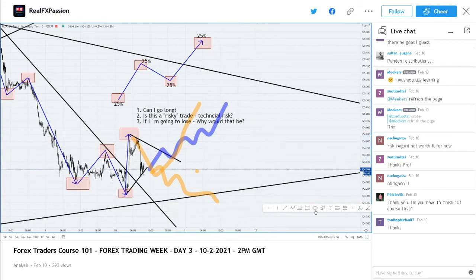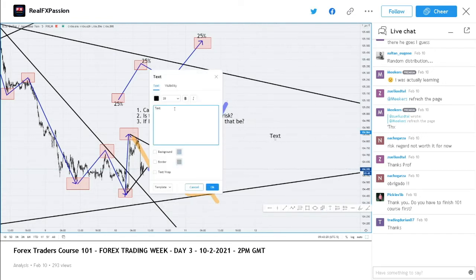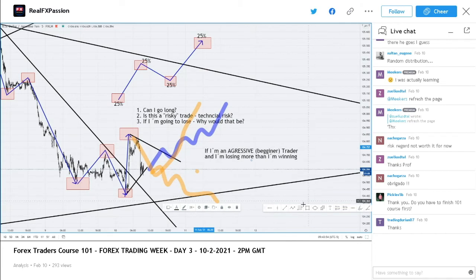If I'm an aggressive beginner trader on a demo account and I am losing more than I am winning, and I'm entering this kind of entries, then I need to address why I'm losing, what's the problem.